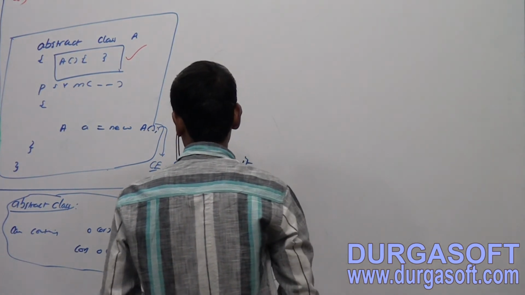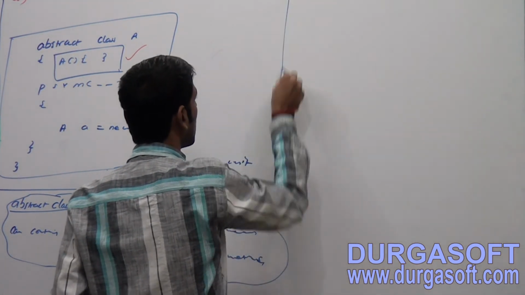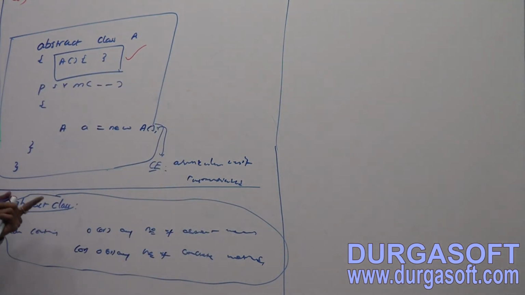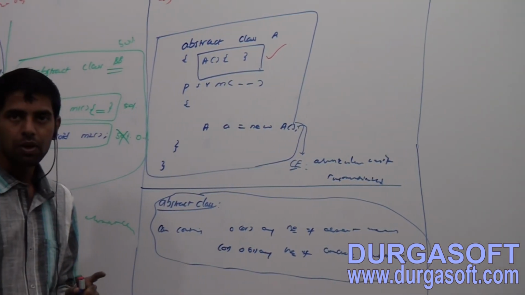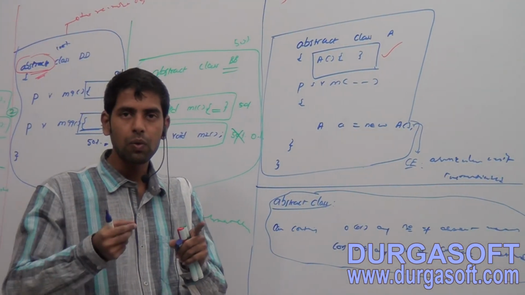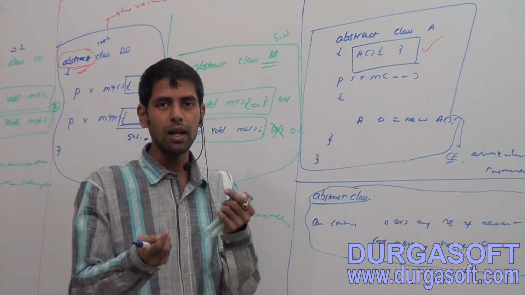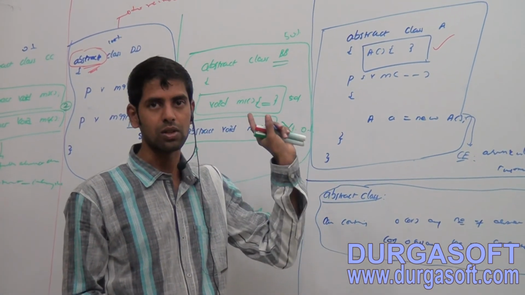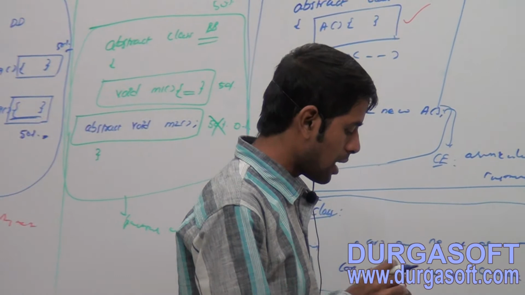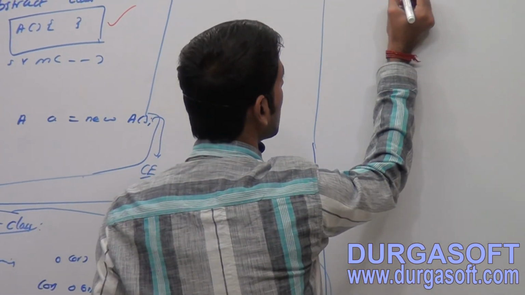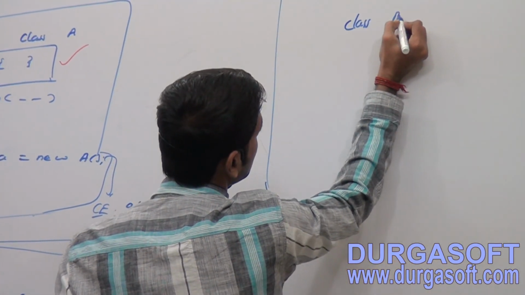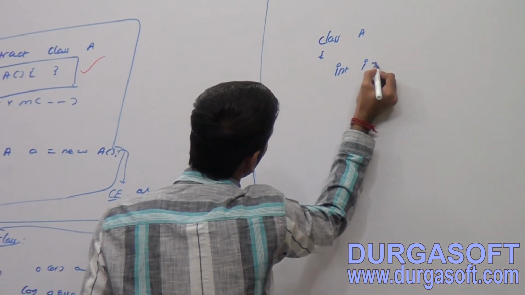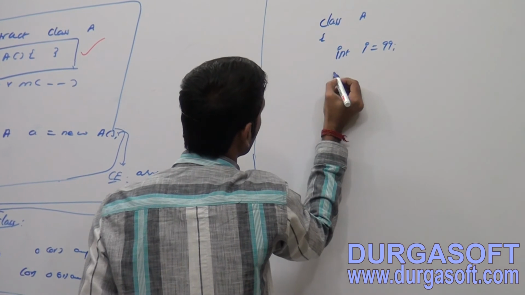Simple thing, I just want your help, and you guys have the knowledge of whatever I'm saying here. You just need to explore it a little, so that you can be much more confident in all the concepts. Now observe here, class A. Now int i equals 99.